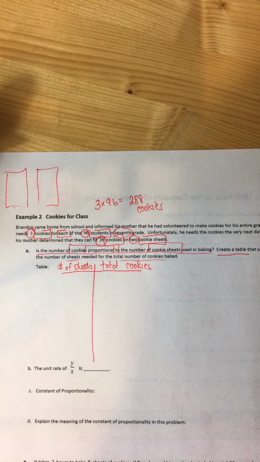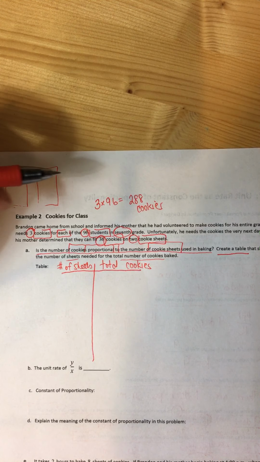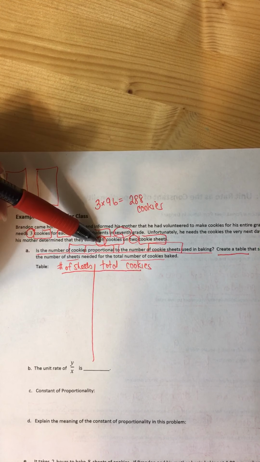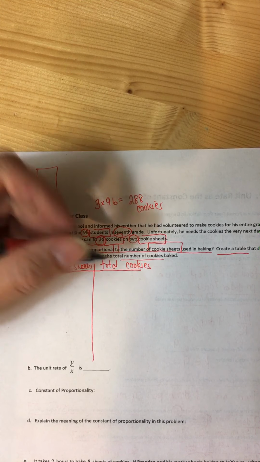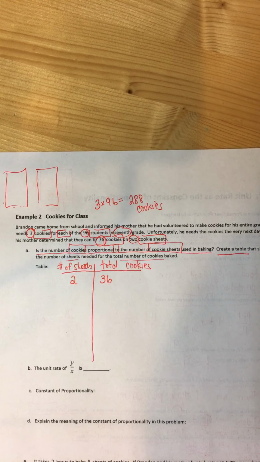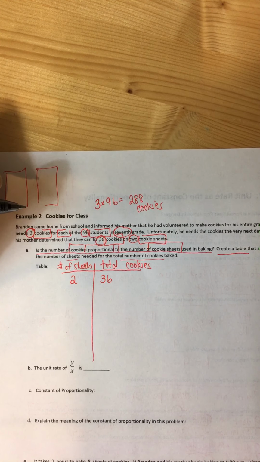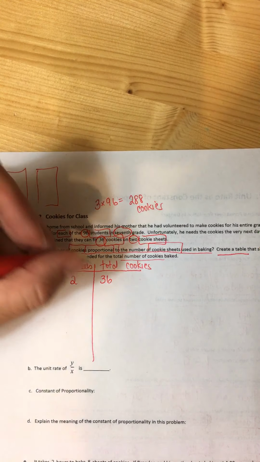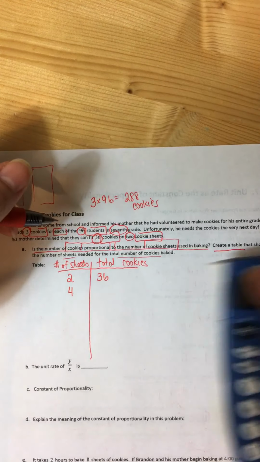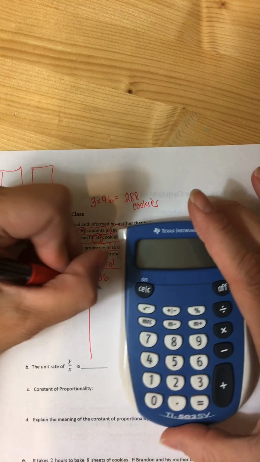And there's really not one right way to go about making this table. I saw a variety of them when we were working on them in class. It is helpful to start with the first piece of information that we have, that if there are 2 cookie sheets, there are 36 cookies. A lot of kids wanted to follow a pattern, which a table does not have to follow. They chose to double the cookie sheets, and if you double the cookie sheets, you double the number of cookies, so that would be 72.